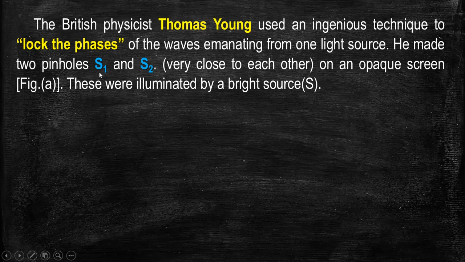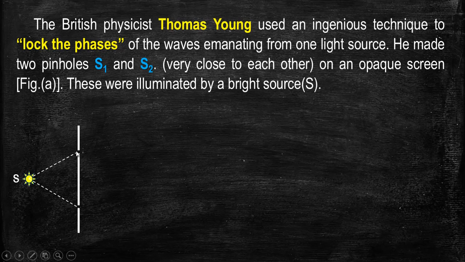He made two pinholes S1 and S2 on one cardboard. They are separated by a very small distance. I will show you that diagram first. This is the one light source, I call it S, and this light is now falling on a cardboard.